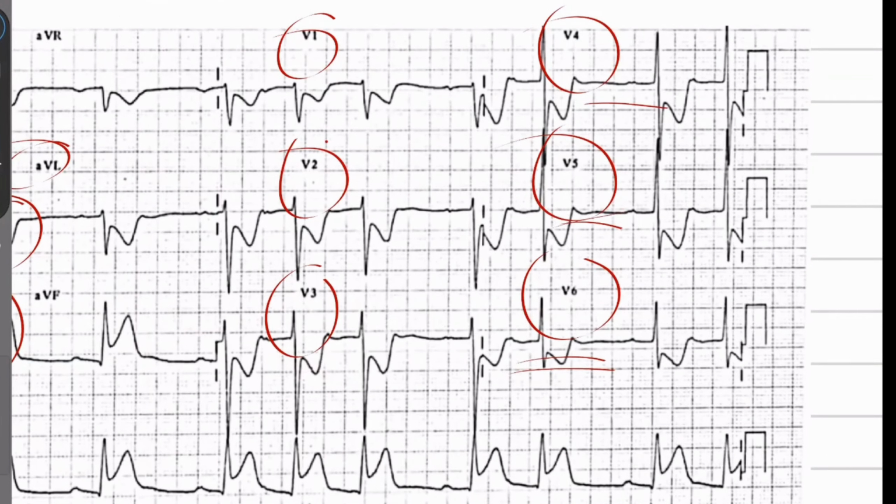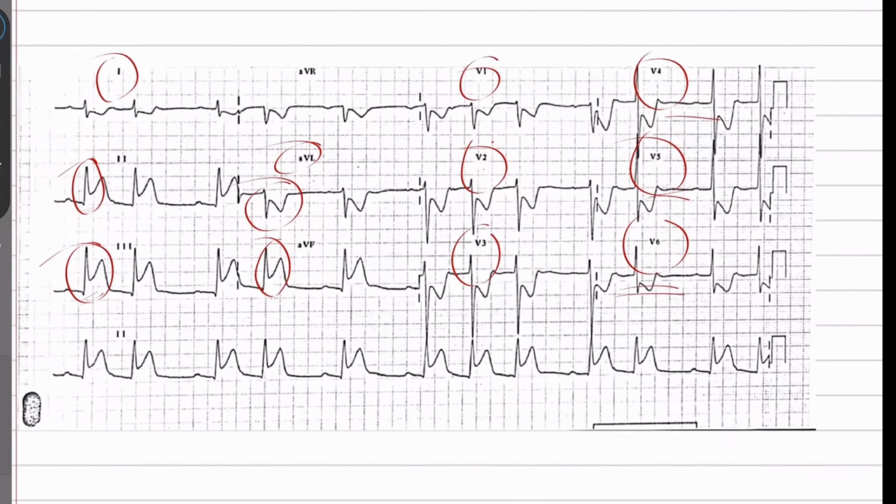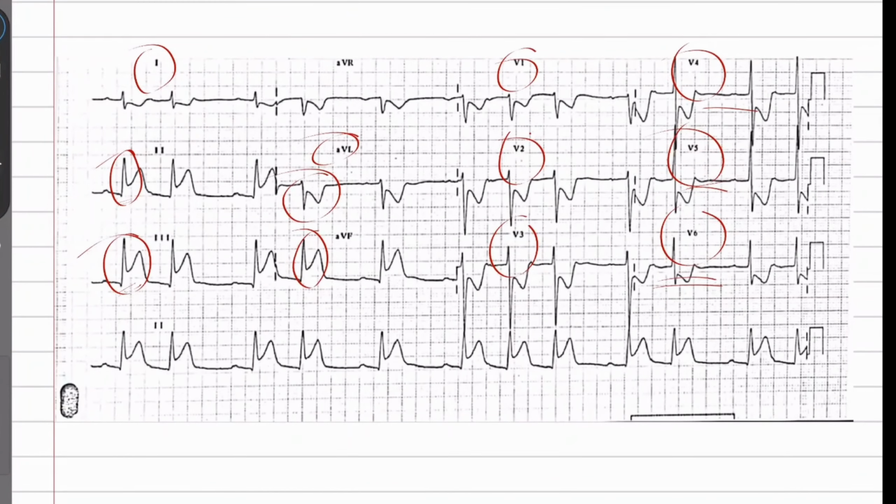You can clearly see in this ECG that there is ST segment elevation in 2, 3, AVF, and in almost all other leads you could see the ST segment depression. So you can write ST segment elevation in 2, 3, AVF, and ST segment depression in 1, AVL, V1 to V6. Okay.